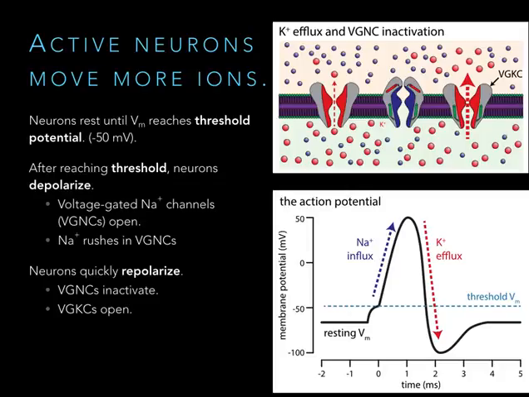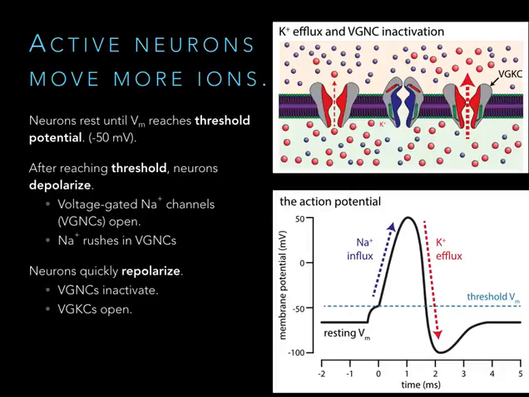They're 1 millisecond slower, which is much slower in the case of ion channels. So they open a little bit after voltage-gated sodium channels. And when they do, we're at a positive membrane potential, so we're very far from potassium's reversal. Potassium really, really wants to leave the cell. It has a positive charge and there's a bunch of potassium inside.